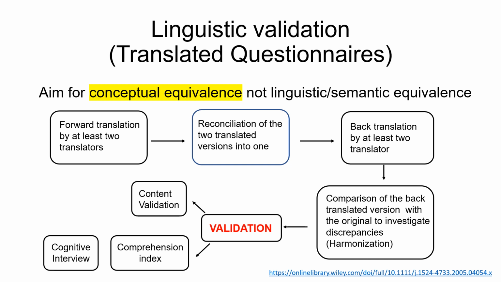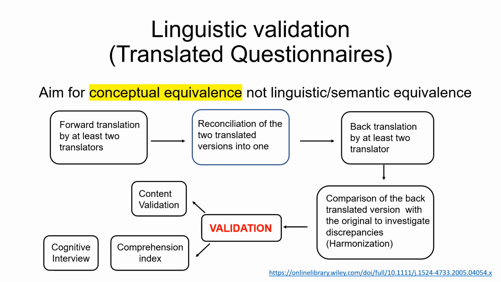The process involves forward translation from the source language to the target language, example from English to Tagalog, by at least two independent translators who are both knowledgeable bilinguals, meaning they have experience in translating questionnaires. The translated versions are then reconciled by a panel consisting of the investigator, the translators, and an independent native speaker not involved in the forward translation.